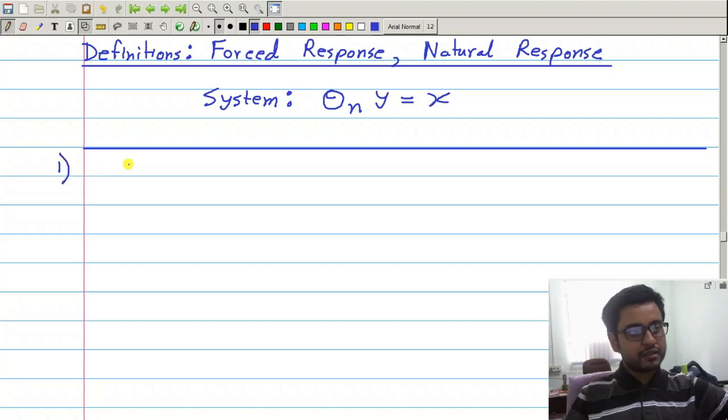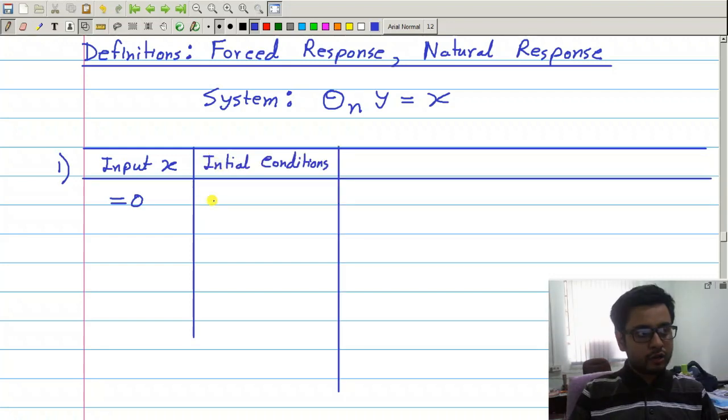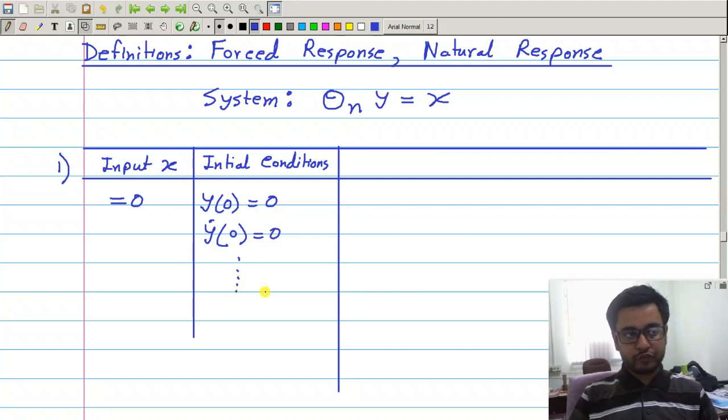Number 1, when the input x is equal to 0 and also the initial conditions are all 0, y(0) equal to 0, y dot (0) equal to 0, and so on, all of them 0.